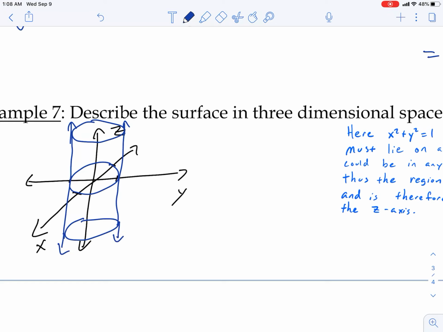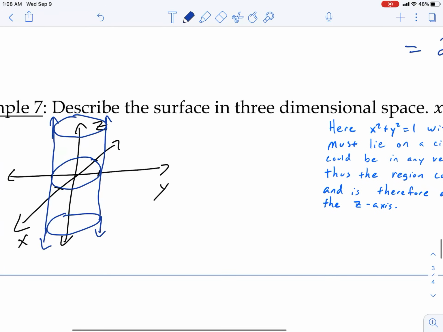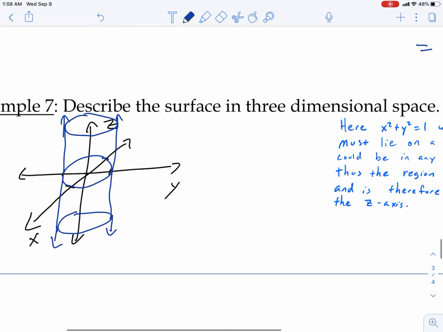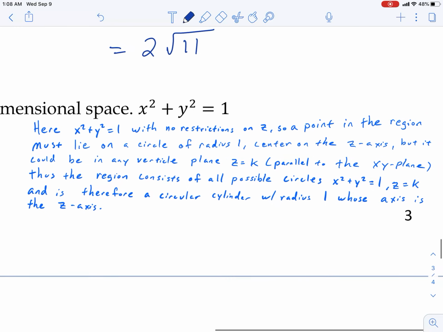So that's what we have. And notice that it is going to be just the parts where x squared plus y squared equals 1. So there's no values inside or outside this circle. It's just going to be the circumference, and it can be any value for z as long as x squared plus y squared equals 1. So that's what we have, a circular cylinder.